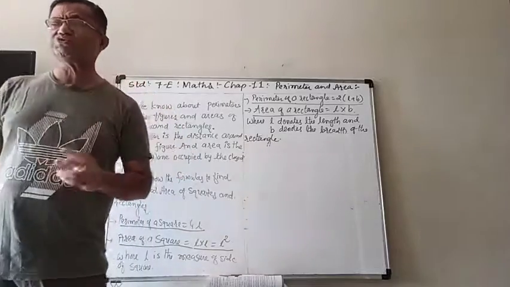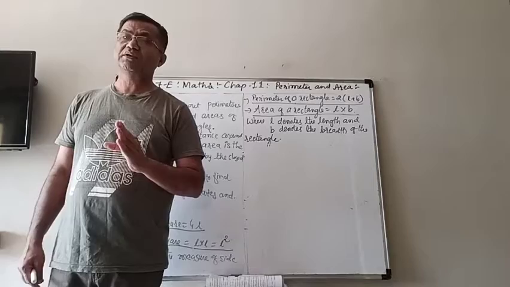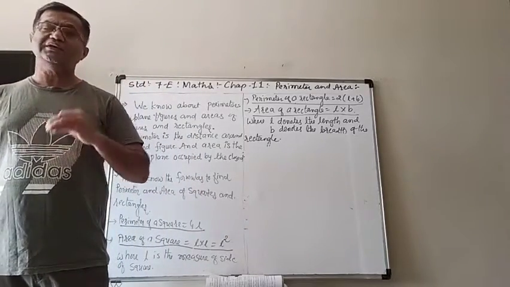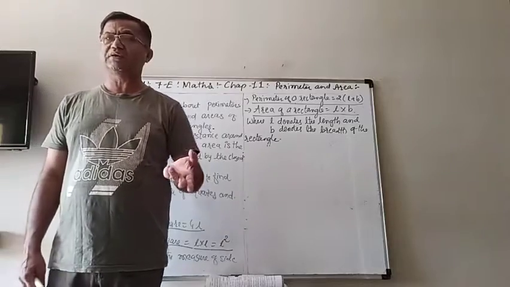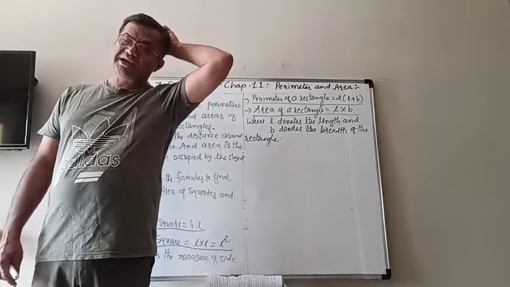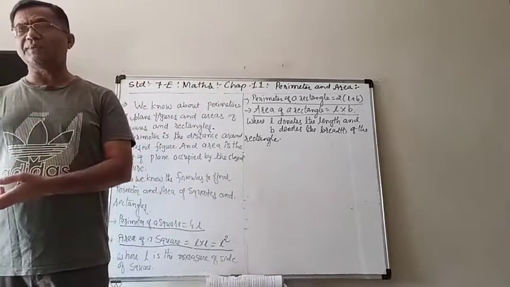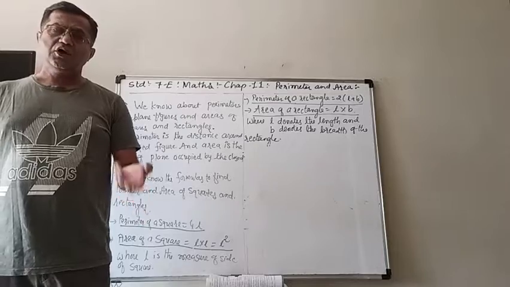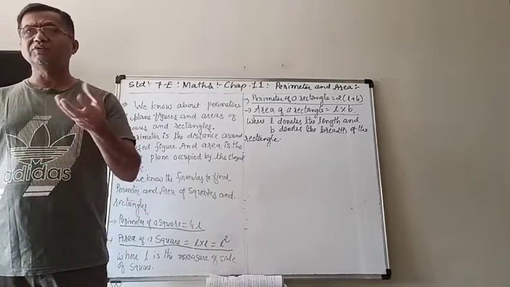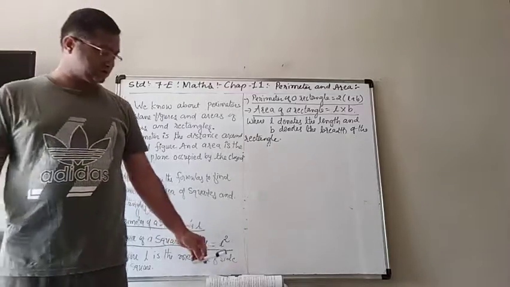So these two types of situations should be very clear in your mind. Otherwise, if you have to find the area and you find the perimeter, it doesn't matter that your answer is right according to your method. But in place of area you find perimeter, or in place of perimeter you find area, then you will get 0 marks. So be careful about it.